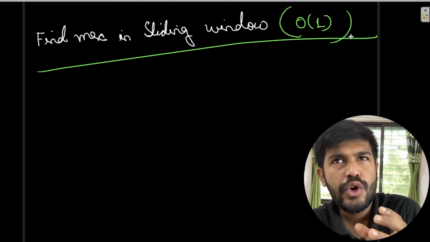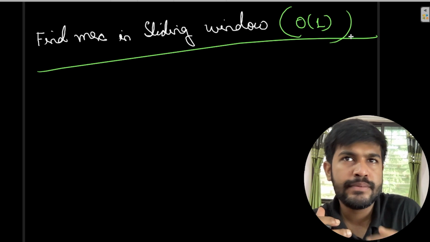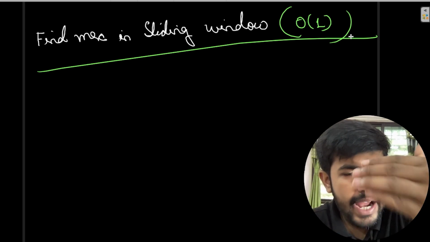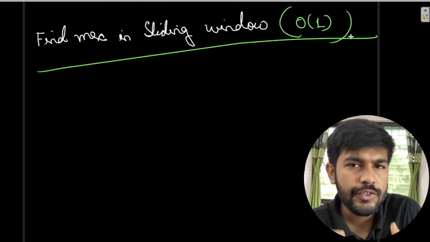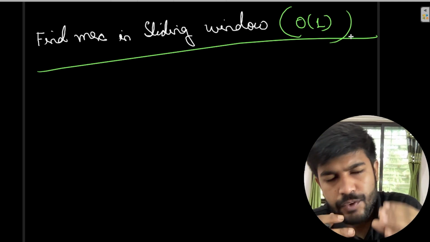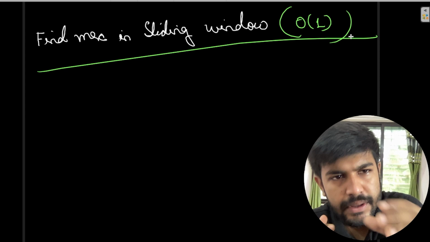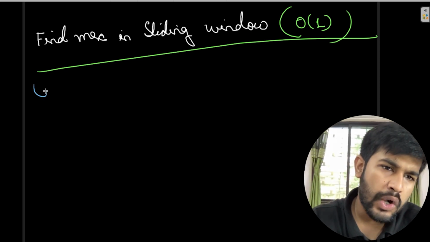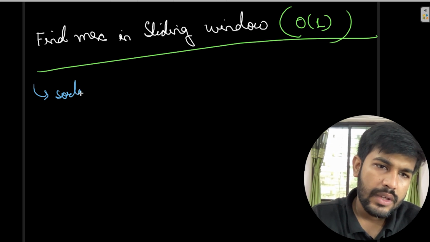We want the first maximum, then the next maximum, then the third maximum. If you follow my videos, you would already know this: if you want the maximum at each step, this tells us that we need a sorting thing. We need a sorted order.